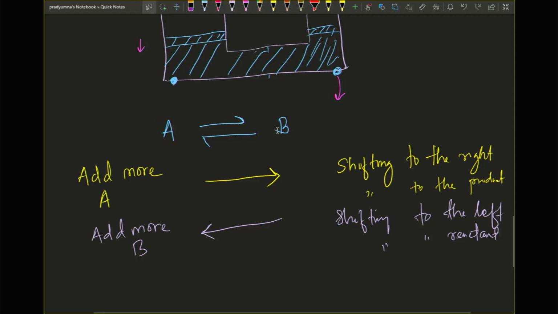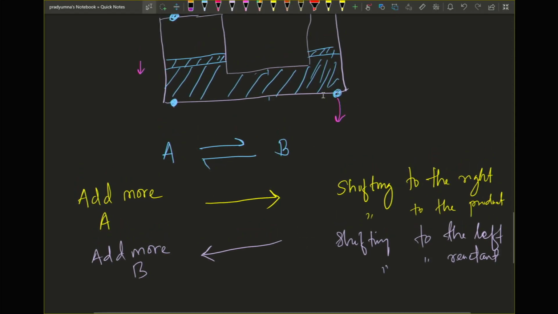So what if, instead of adding, I remove some of the B? What happens if I remove some of the B from here, just like the water when I open the tap on this side? What happened to the other side? The water dropped because the water flows from left to right.